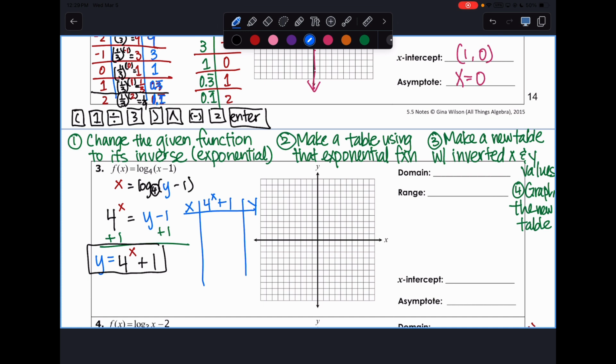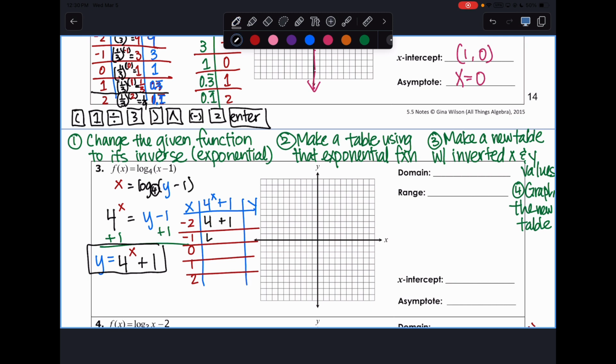Okay. What values should I choose for x? Any questions so far? No? Okay.